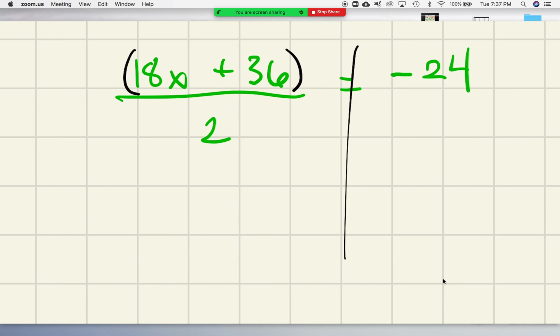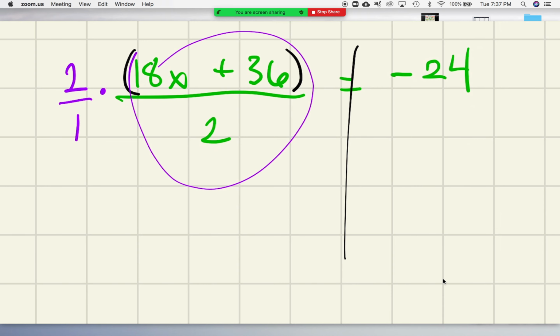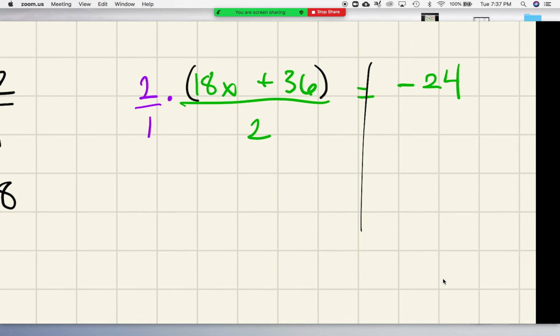And what are we doing with the 2? Are we adding the 2? Multiplying by the 2? Subtracting? Or dividing by the 2? We're going to multiply, right? Because that's the division line, so we're dividing, and the opposite would be multiplying. You could put a 2 over 1 if you wanted to, because this is a fraction and this is a fraction. 2 over 1 is the same thing as 2.